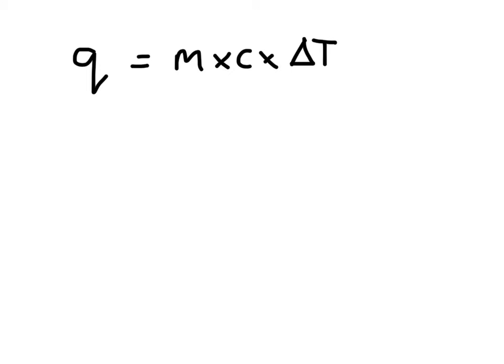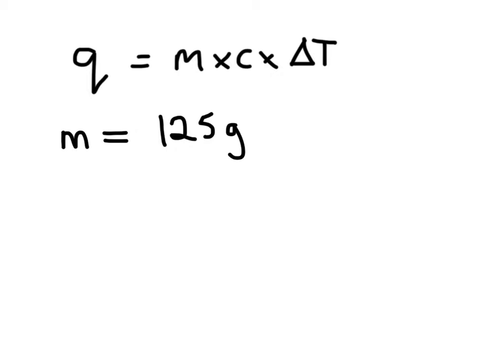So we'll start off by writing out our equation. Q equals M C delta T. And we'll make note of the main pieces of information that we had, which is M, the mass of the water that's accepting the heat, is 125 grams.